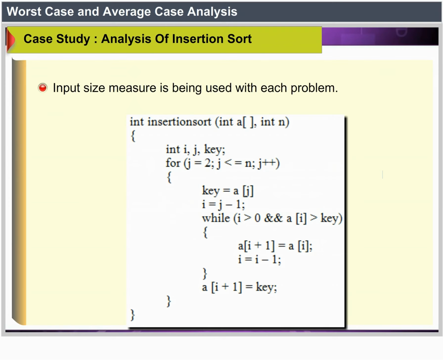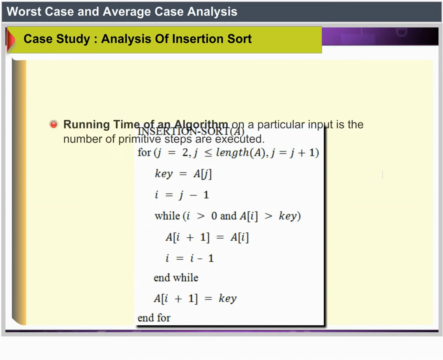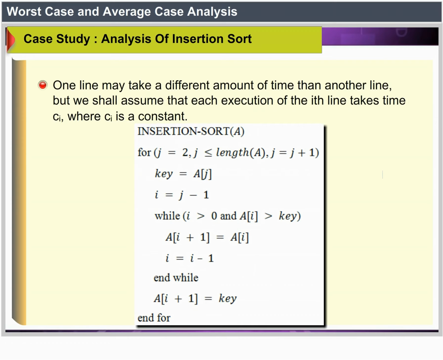The running time of an algorithm on a particular input is the number of primitive steps executed. A constant amount of time is required to execute each line of our pseudocode. One line may take a different amount of time than another line, but we shall assume that each execution of the ith line takes time Ci, where Ci is a constant.